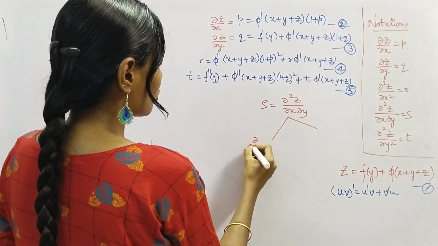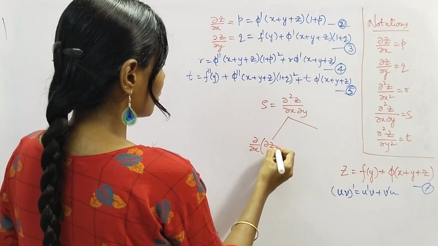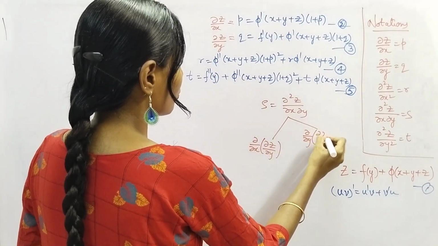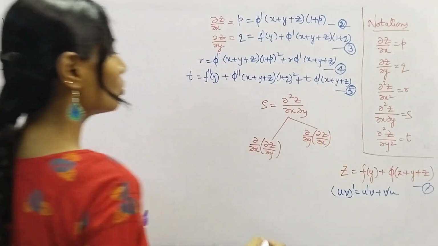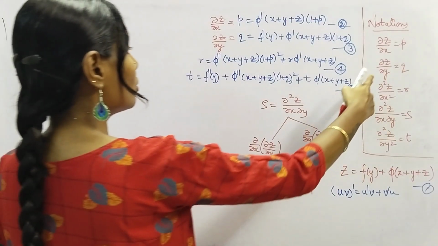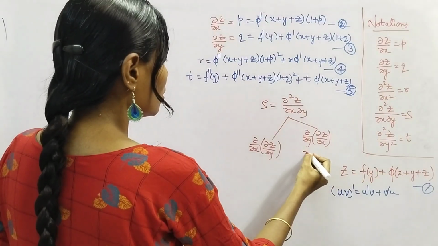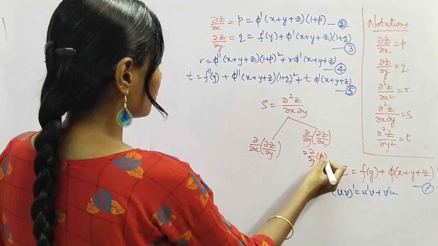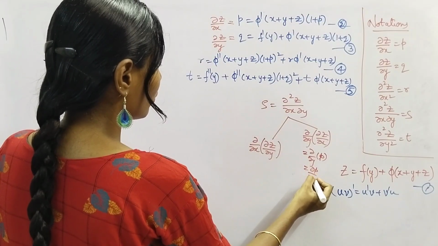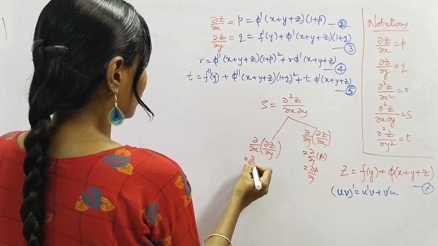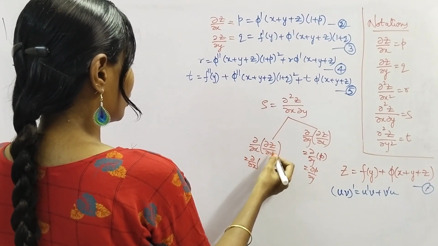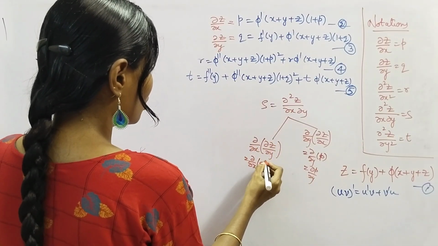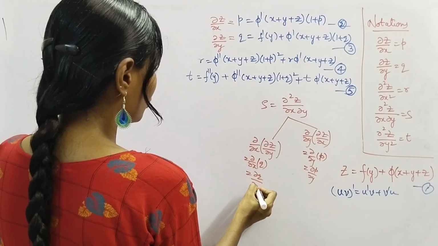We can write this as dou by dou x of dou z by dou y, or dou by dou y of dou z by dou x. We have a notation dou z by dou x equal to p and dou z by dou y equal to q. We can just replace dou z by dou x by p, which gives us dou p by dou y here, or when it comes to dou by dou x of dou z by dou y, you can just replace it by q, which gives us dou q by dou x.